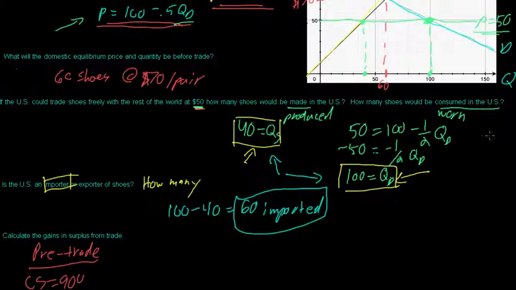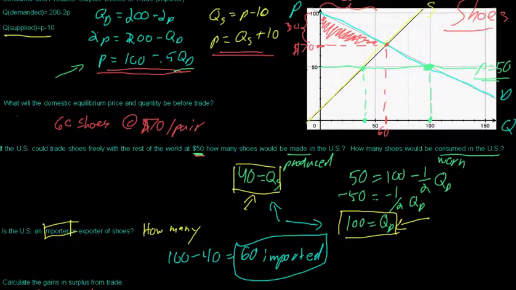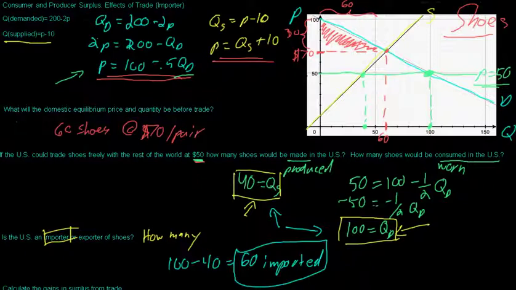And now we have to calculate producer surplus. So pre-trade, producers made all of this. So they made from 70 to 10, this is 60. So a height of 60.